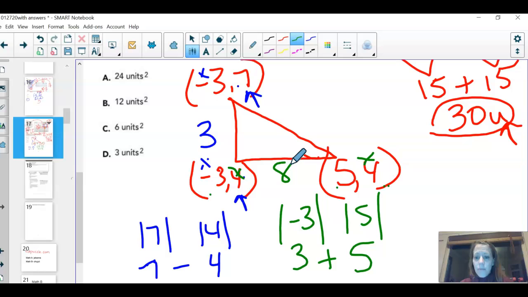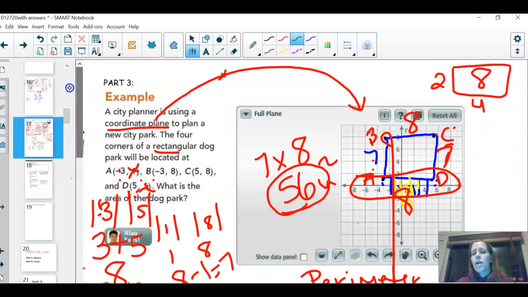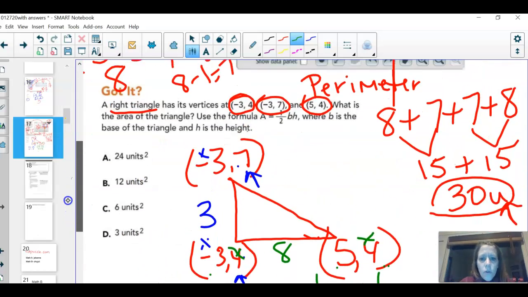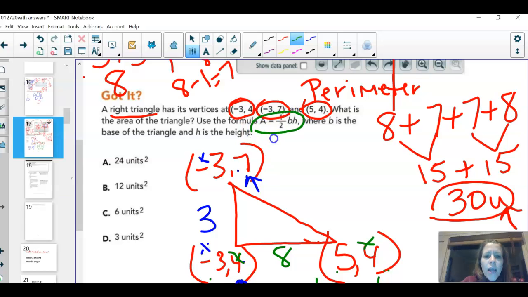That's what I did on the other one. En el otro problema, nosotros estuvimos multiplicando. But this was a rectangle, pero este es un rectángulo. I need to use what the problem tells me. 1/2 base times height. So ahora tengo que hacer el algoritmo que yo tengo en la problema.